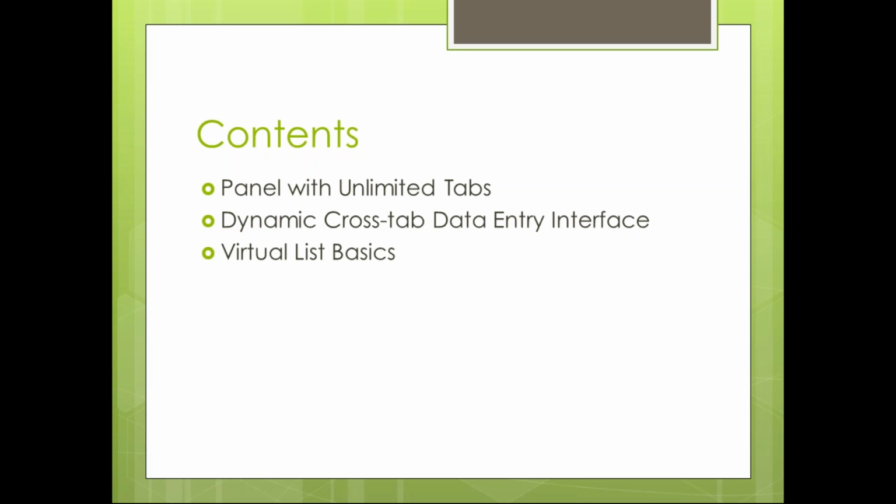When we get to that, I'll ask you again, but if everybody in the room is completely comfortable with virtual list, I'll skip over the basics. There's always somebody who hasn't tried it yet, and I've got a very basic demo of that. I've also got an example of a virtual list hierarchy where you can collapse and expand groups in a virtual list, just to give one example of how it might be used.